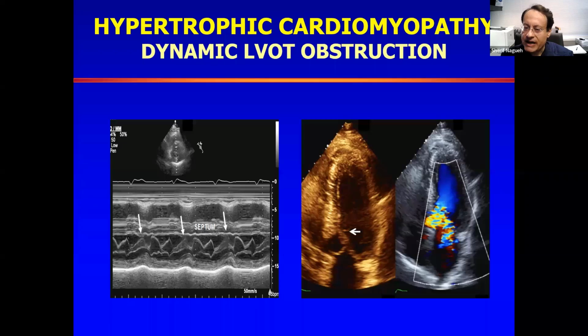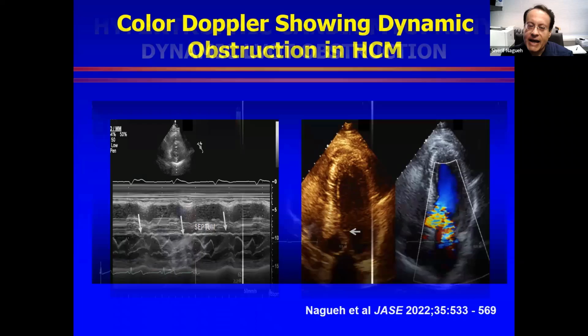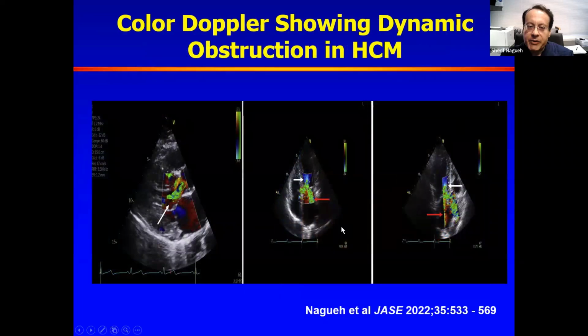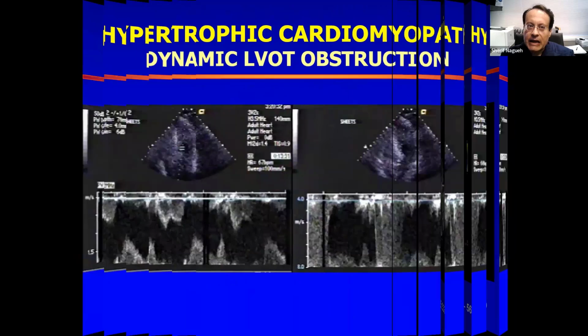That's the classic finding that if you're able to see, doesn't really pose a challenge for diagnosis. You can look at this dynamic obstruction with color Doppler, which makes it easier to recognize sometimes if you have challenging 2D images, and you can see it in the parasternal long views, in the apical 5-chamber view, as well as the apical long axis view, as you see here.